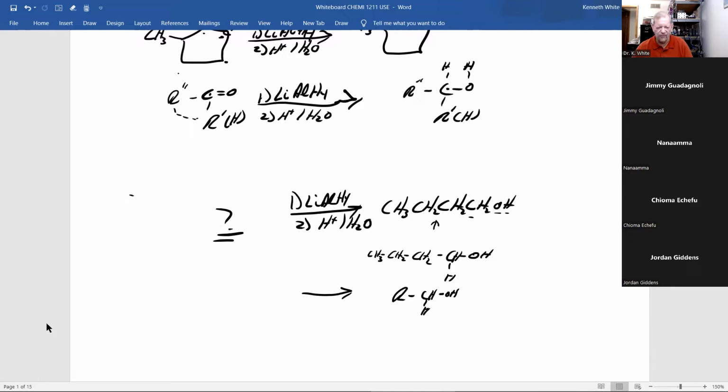And what do we react to make an alcohol? In this case, this could have been R prime too instead of hydrogen. And what do we react with lithium aluminum hydride, second step acid and water? We react an aldehyde or ketone.